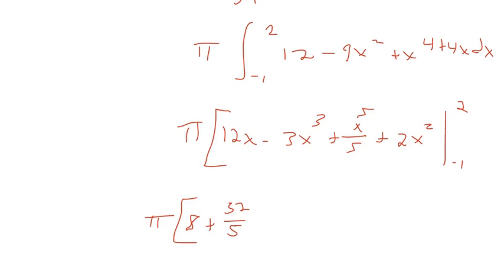Now if I plug in negative 1, that's going to give me negative 12 minus a negative 3. So that's negative 9 now. Negative 9 plus 2 is going to give us negative 7. So we need to subtract negative 7. And this is going to be subtract 1/5 because when I plug in negative 1 up here.